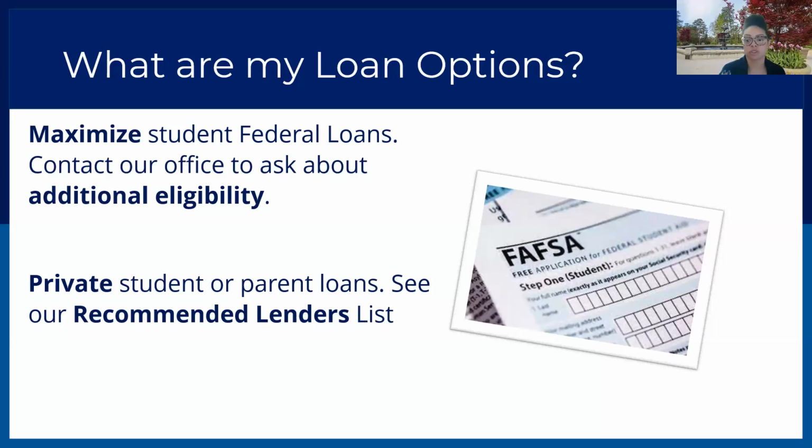It may be distinguished on your aid offer already, but if it's not, there are additional steps within the aid offer to inform you and guide you as to what you need to do to find out how much can be interest-free versus interest-bearing. So, important distinction to make, refer to your aid offer and it will tell you if you need to do something extra. And we will update your aid offer accordingly.